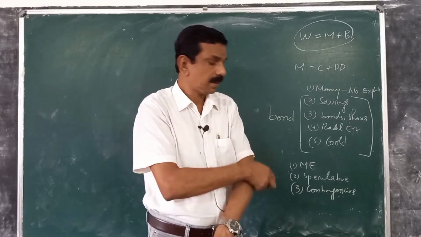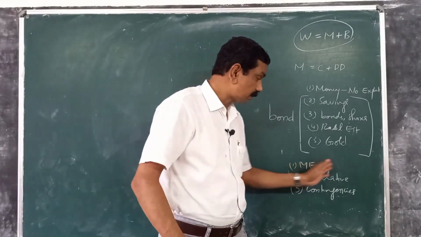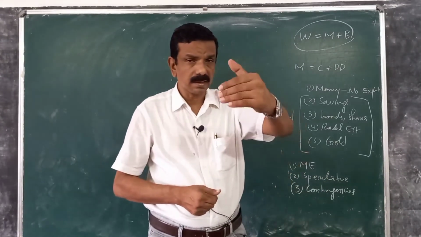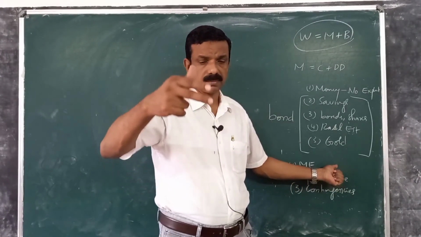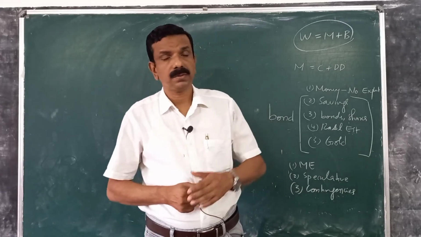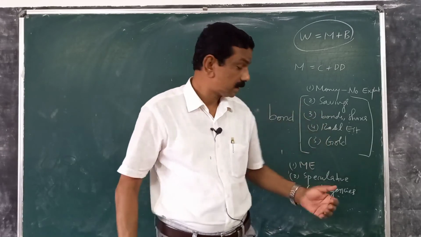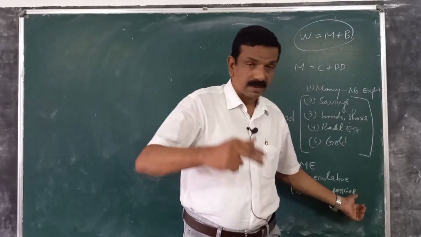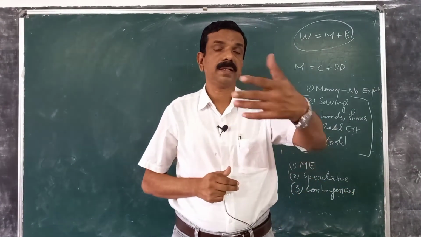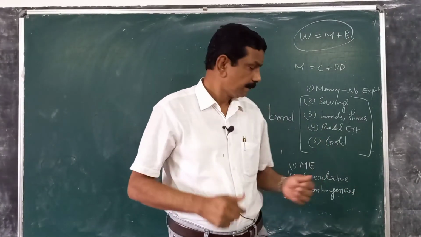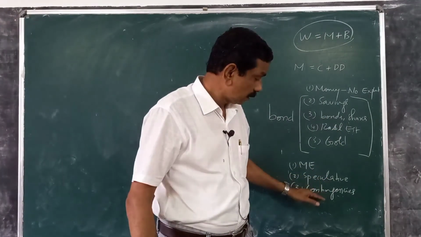So in the classical model, money is used only as a medium of exchange. But in the Keynesian model, money is used not only as a medium of exchange, it is also used as a reserve against unforeseen contingencies like illness, accident, etc., and also for speculative purposes. And we will see this in detail.